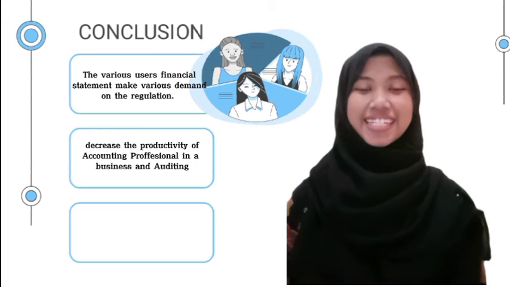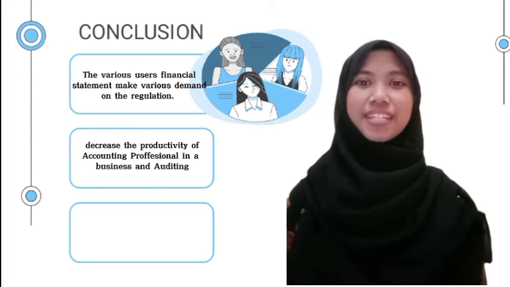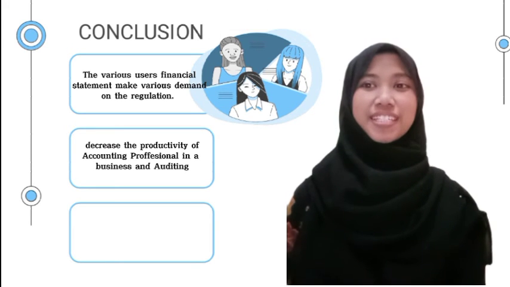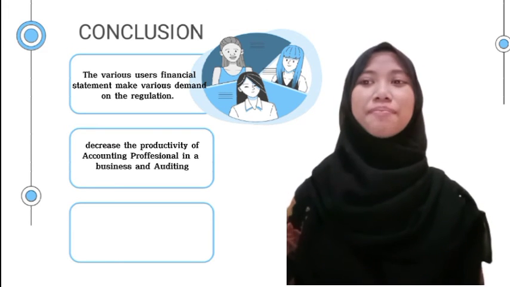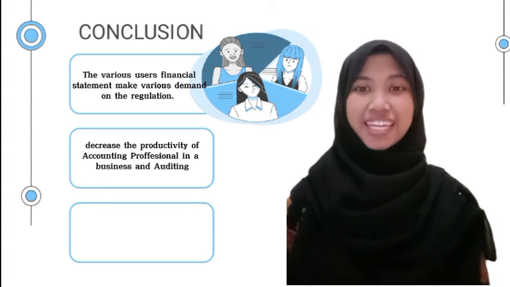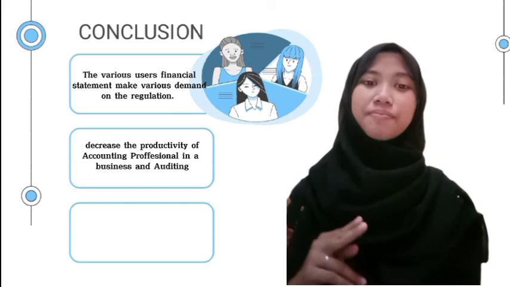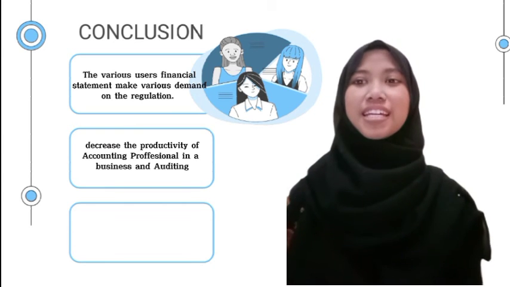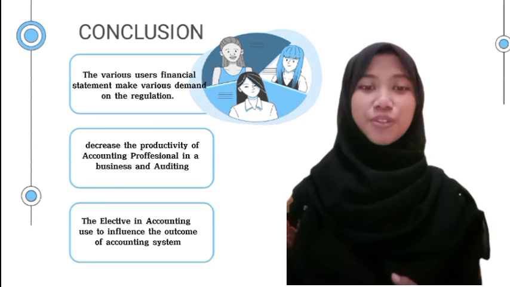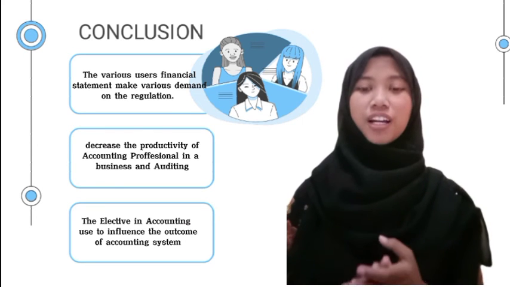Therefore, a solution is needed, namely a separation of these differences in standardization by using different alternatives to help meet the specific needs of small non-public entities. It is also relevant to the relevance of elective in accounting, where these choices are used to influence the output of the accounting system.